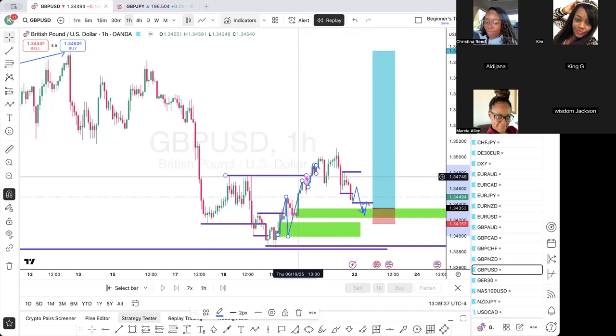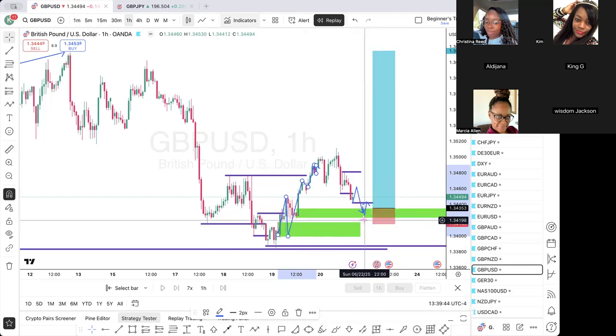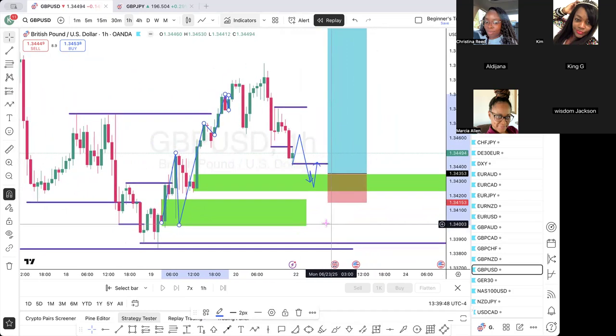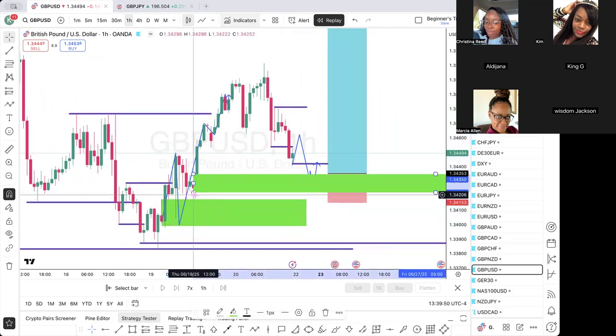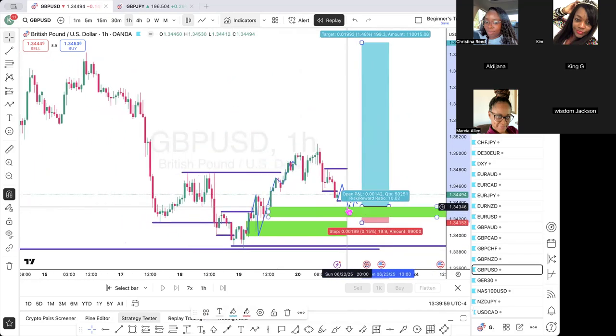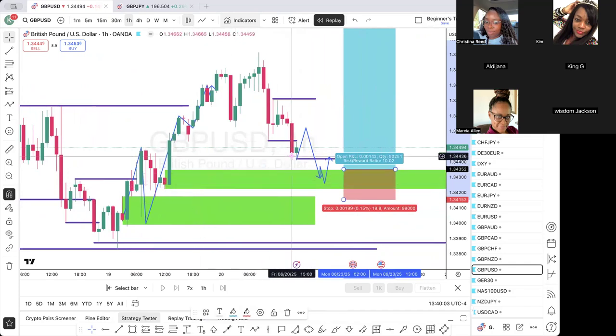So once price broke this structure here, now I'm looking for price to pull back to this demand zone here. I would look for price to pull back to this demand zone because price pushed out and now I'm waiting for it to pull back. So now that I'm waiting for it to pull back here, I then identify the bearish structure that's going down now.